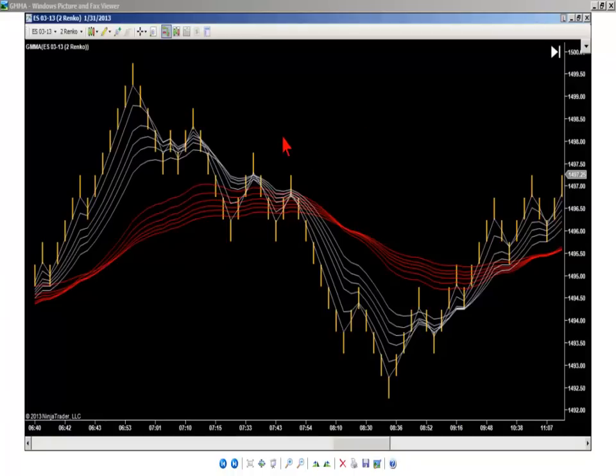So that's where I came up with the idea of boiling all of this down into just a couple lines, and that's what brought about the Bollinger Band differential oscillator. And I'll show you in just a minute how that coincides with the Guppy multiple moving average.